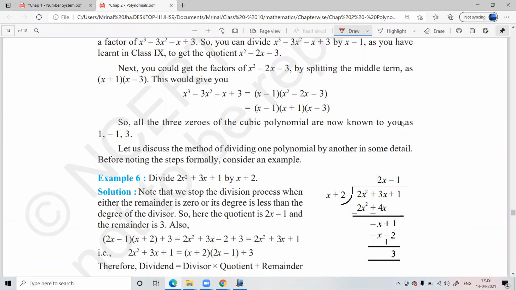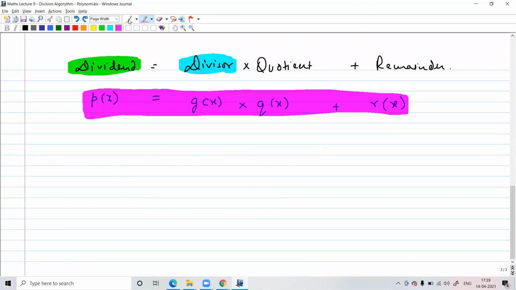They're asking to divide this polynomial 2x squared plus 3x plus 1 by x plus 2. Okay. So which is our dividend and which is our divisor over here?